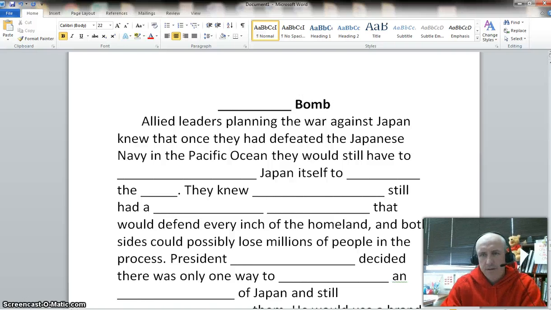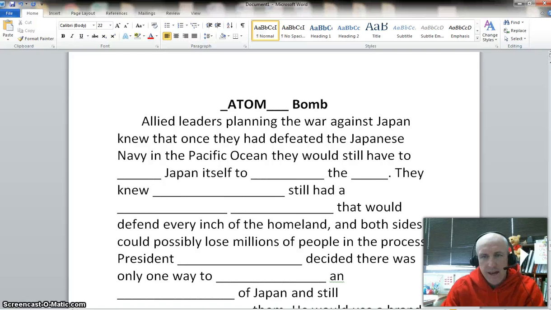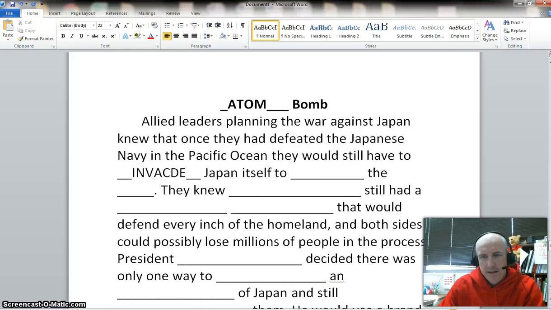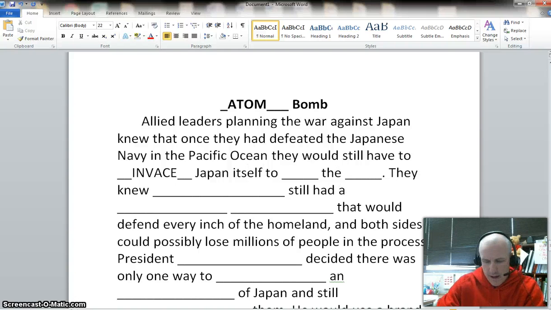All right, our last major event of the war you need to know is about the atom bomb. Allied leaders planning the war against Japan knew that once they had defeated the Japanese Navy in the Pacific Ocean, they would still have to invade Japan itself to end the war.